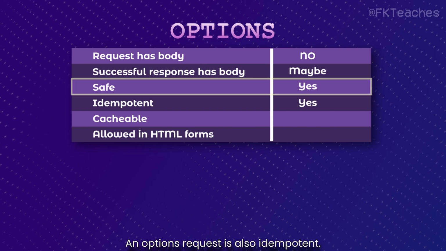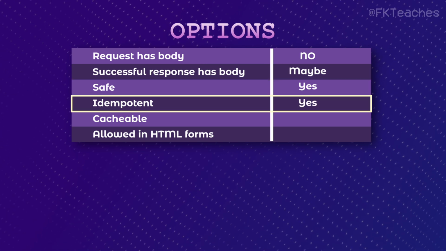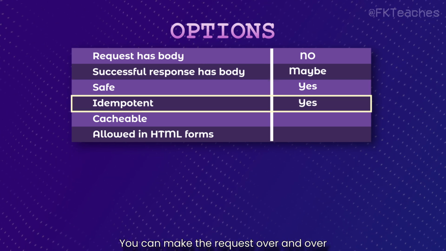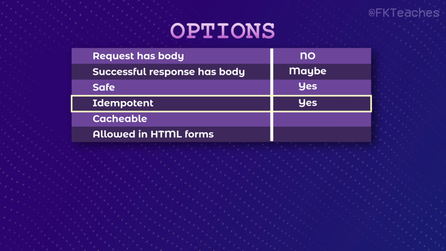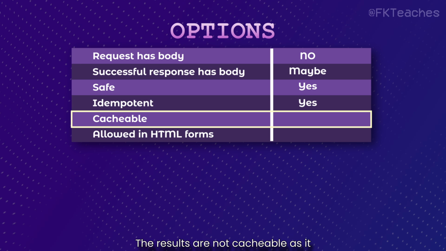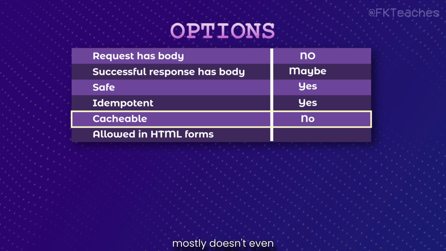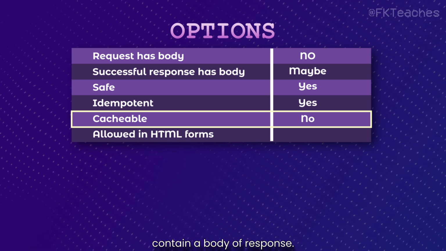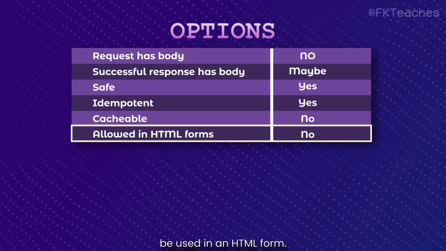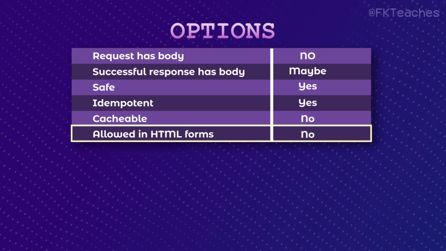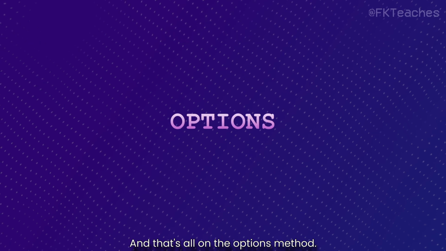An options request is also idempotent. You can make the request over and over without any adverse effects on the server. The results are not cacheable, as it mostly doesn't even contain a body of response. The method cannot also be used in an HTML form. And that's all on the options method.